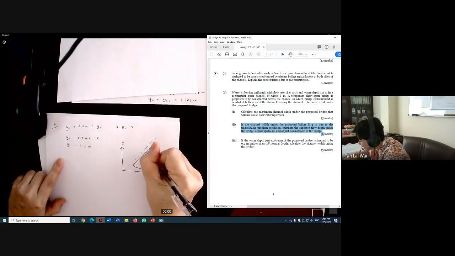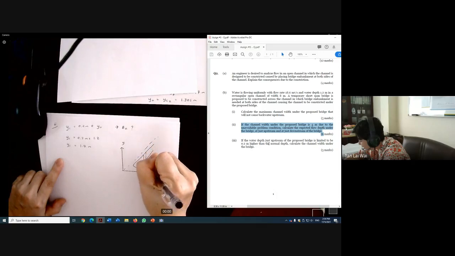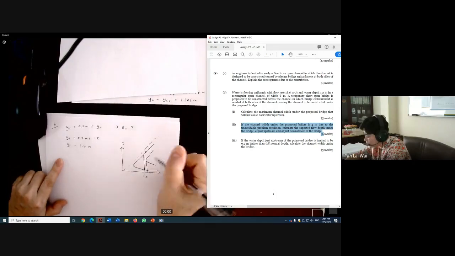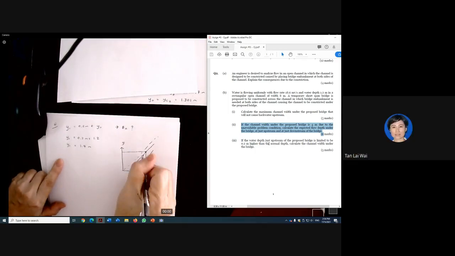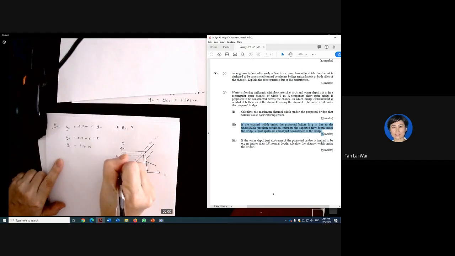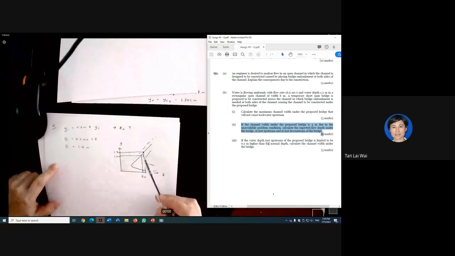So I know that my Y1 has already increased from 1.2 meter to 1.4 meter. Actually you can check, this will be subcritical.